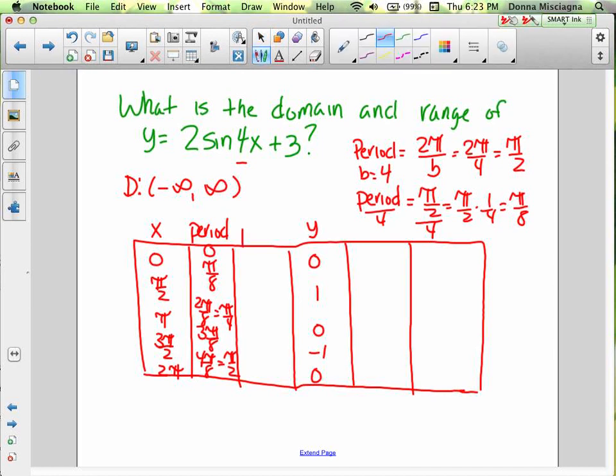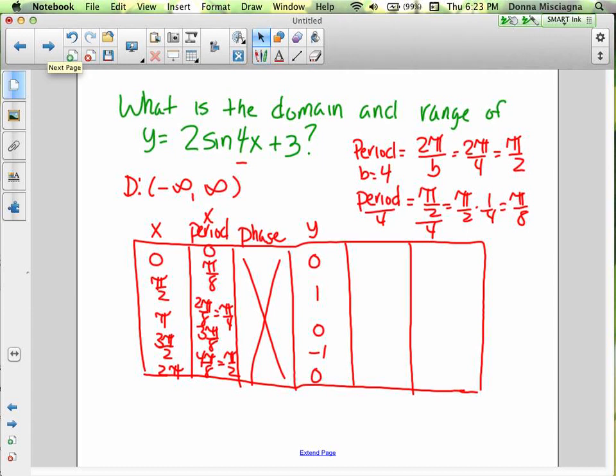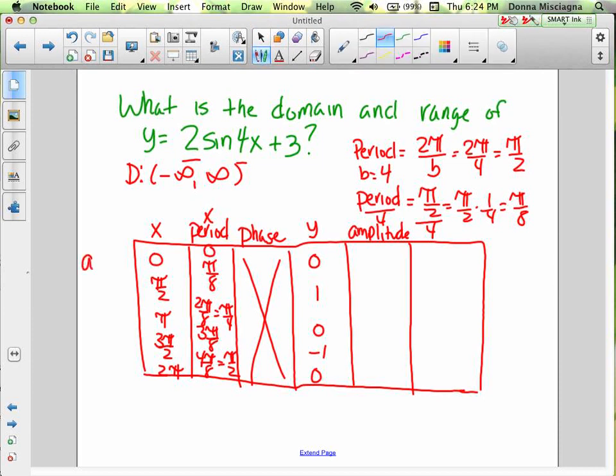Next would be the phase shift, but there is no phase shift. Nothing's added to x, so this is done. If we were graphing, those would be our x values. To get y, you multiply by the amplitude. The amplitude is the coefficient in front of sine, right? So amplitude is 2, and we're just going to multiply these values by 2.